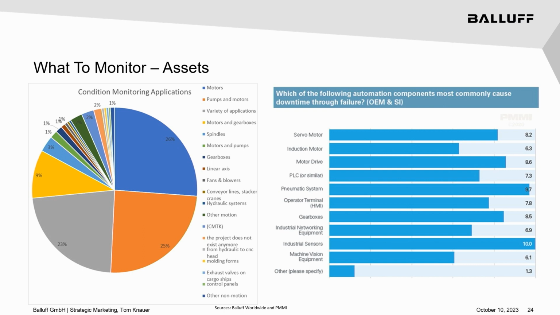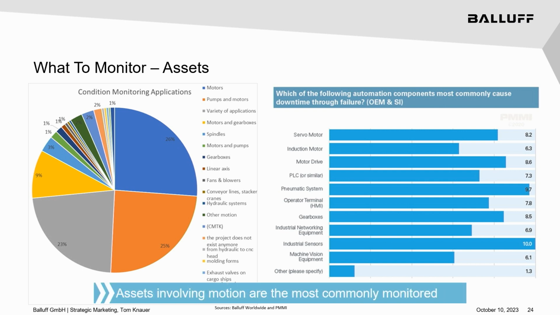That's confirmed by the data from PMI: servo motors, induction motors, motor drives, and gearboxes are all places where customers identify that they implement or want to implement condition monitoring. So really, things where something is moving are the high-potential places to do condition monitoring.